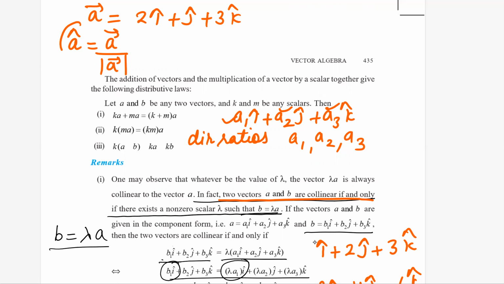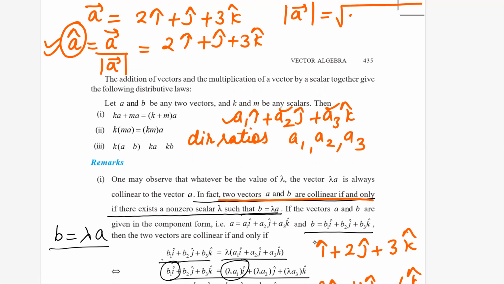A unit vector means its magnitude is 1. So this is equal to 2i plus j plus 3k, and the magnitude will be under root of 2 square plus 1 square plus 3 square, that is 4 plus 1 plus 9, under root 14.